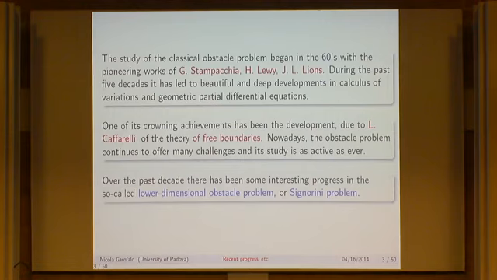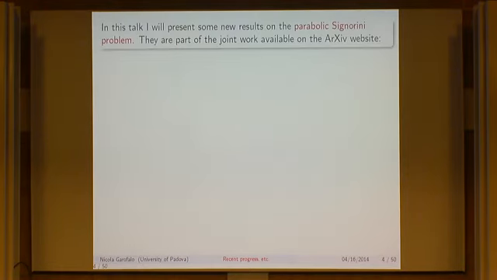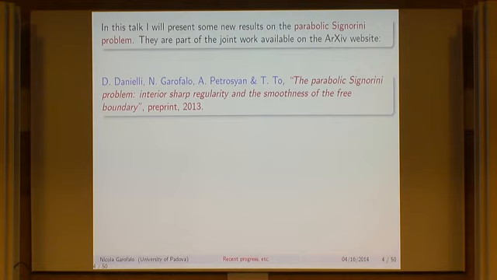There has been some very interesting progress over the last decade, starting essentially with the breakthrough paper in 2004 of Athanasopoulos and Caffarelli on the optimal regularity of the free boundary. The results that I will be discussing are mainly contained in this paper with Donatella, Arshak Petrosyan, and Tung.